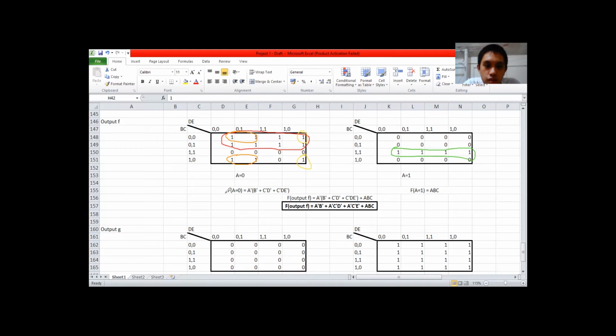Combining these functions, we will arrive at the function for output F, which is this one.